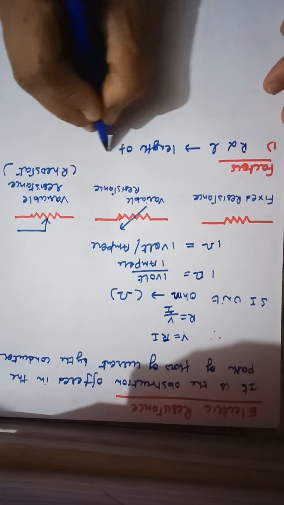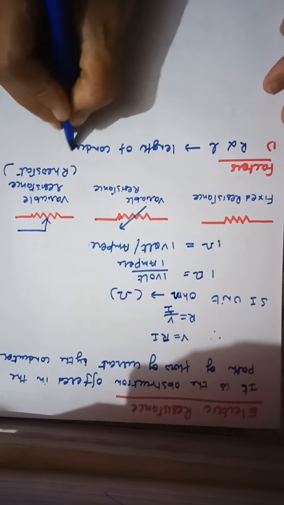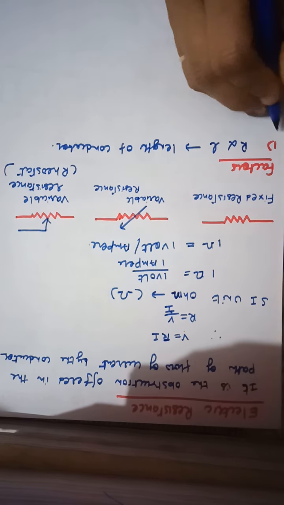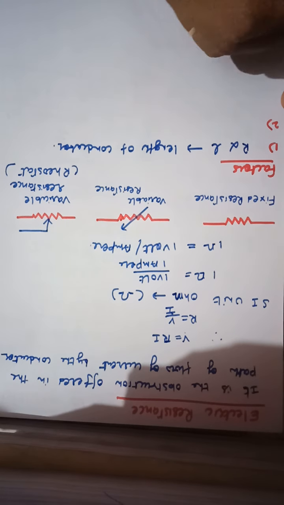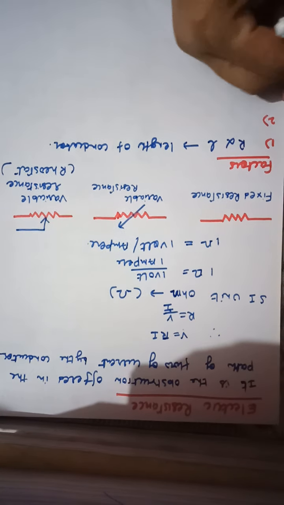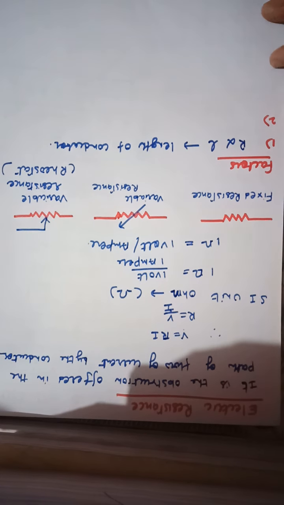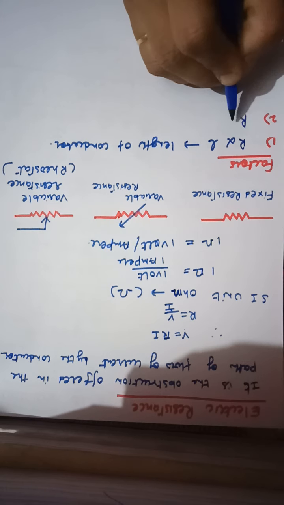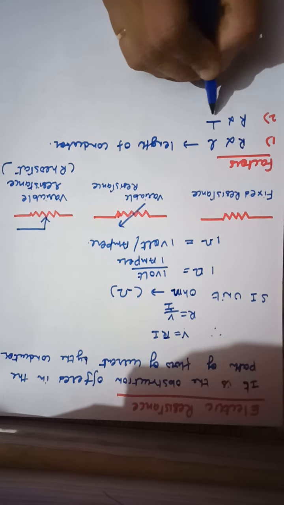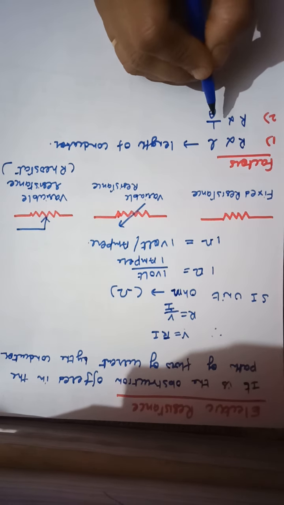Length of conductor. And the second factor is that R is directly proportional to 1 upon A.